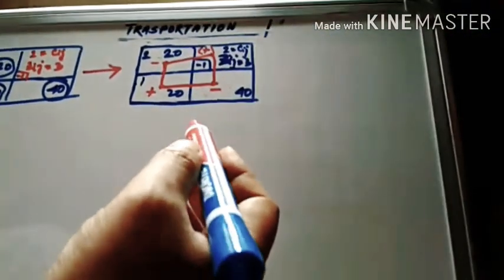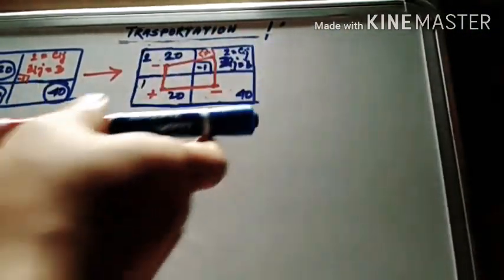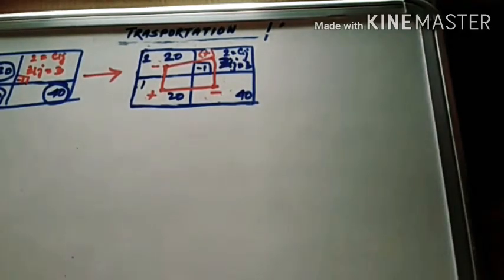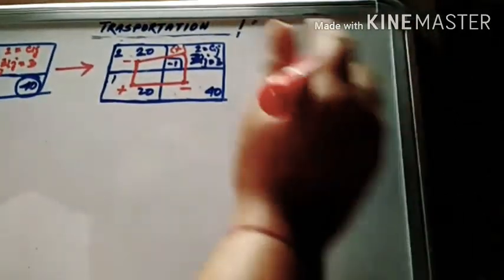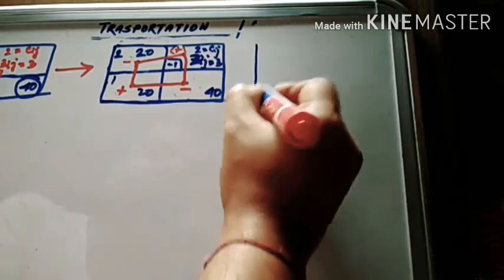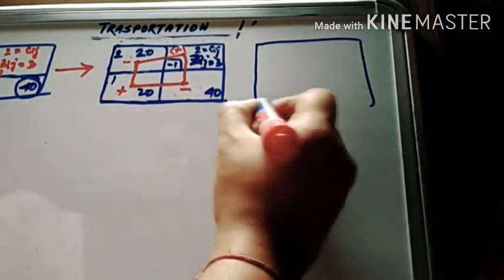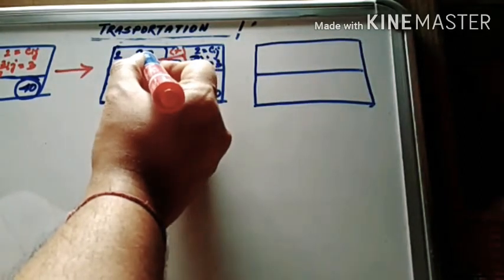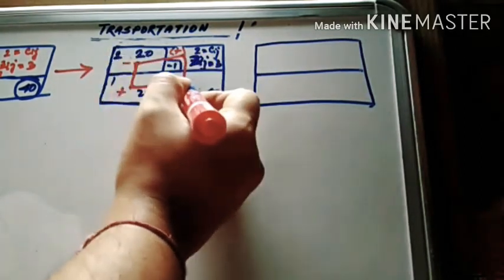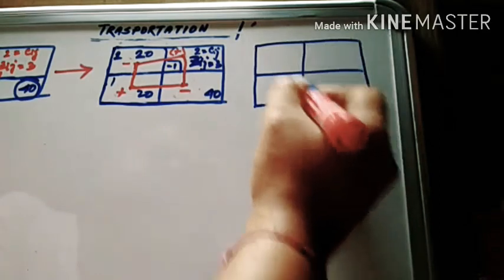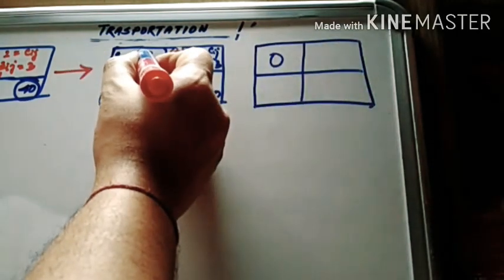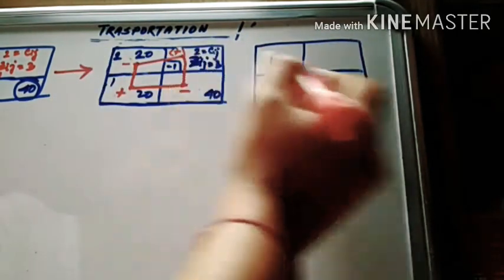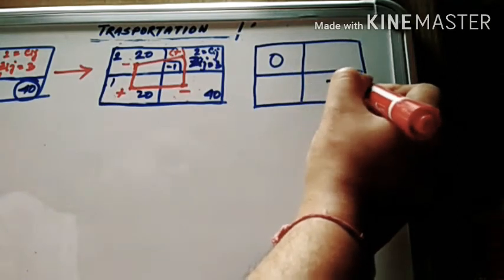After doing that, we have a new table. This is the new table. You have selected 20 and subtracted 20 from the negative valued cells, which gives 0, because 20 minus 20 is 0, and 40 minus 20 gives you 20.